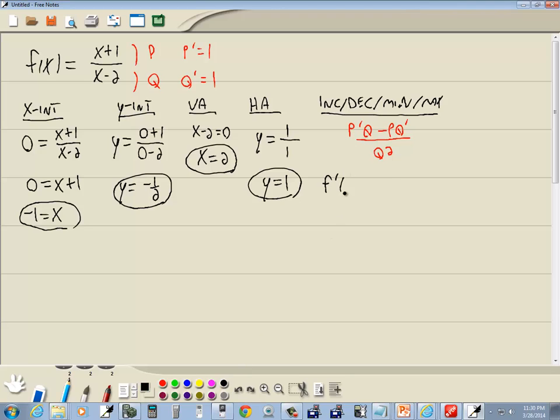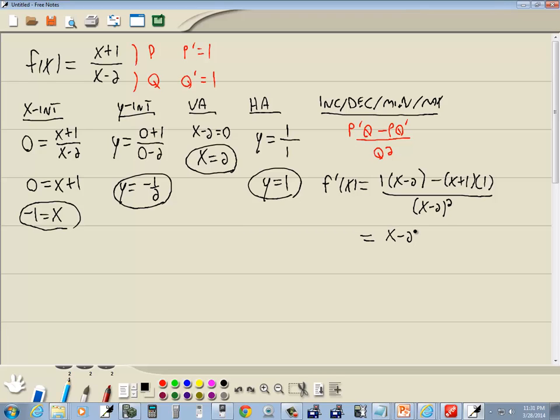So our derivative: p prime was 1, times q, which is x minus 2, minus p, which is x plus 1, times q prime, which is 1, all over q squared, which is (x minus 2) squared.